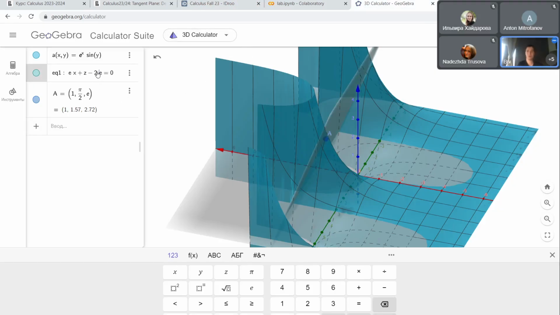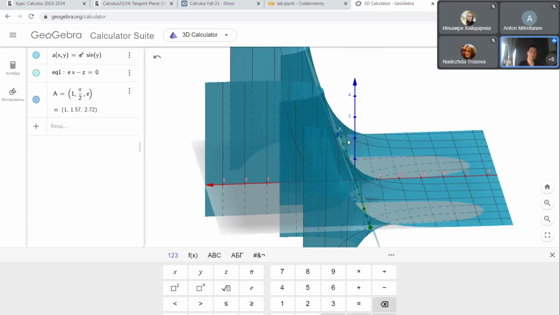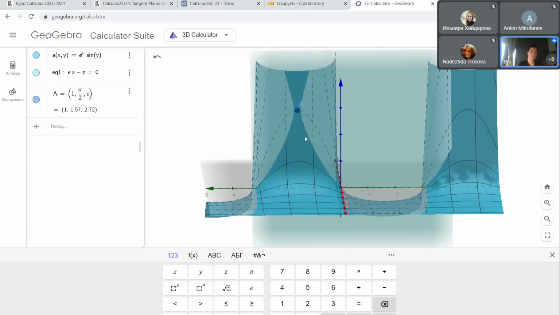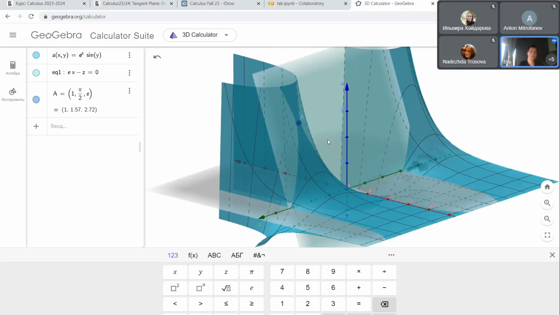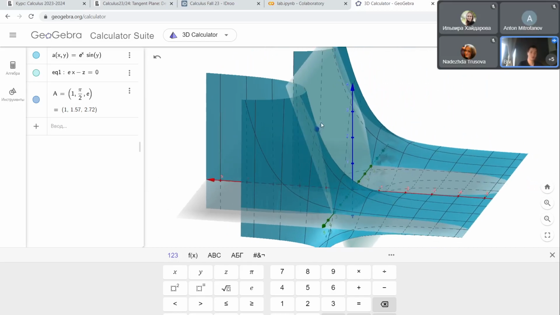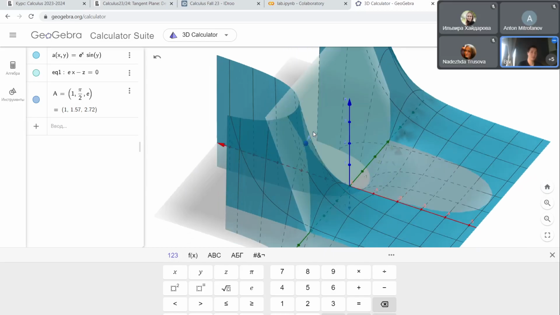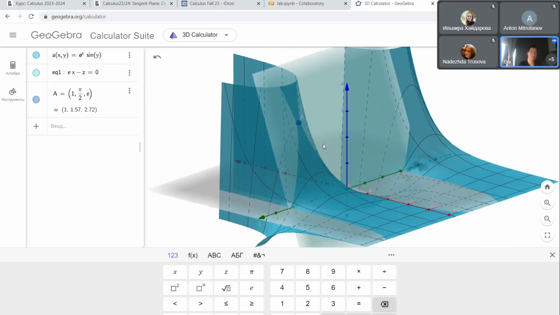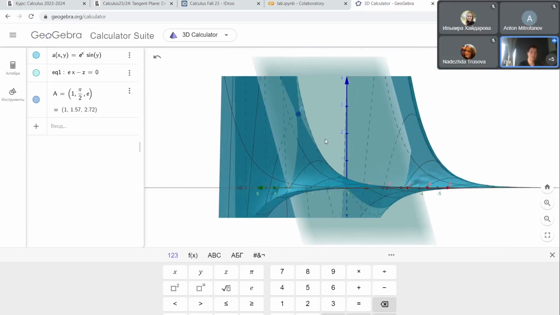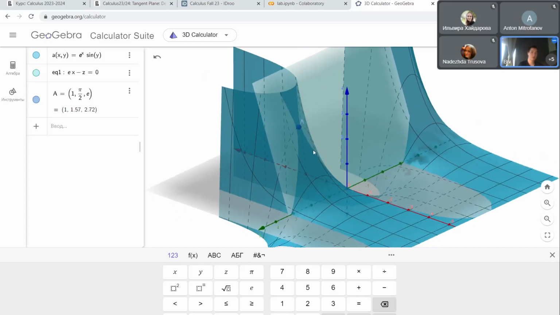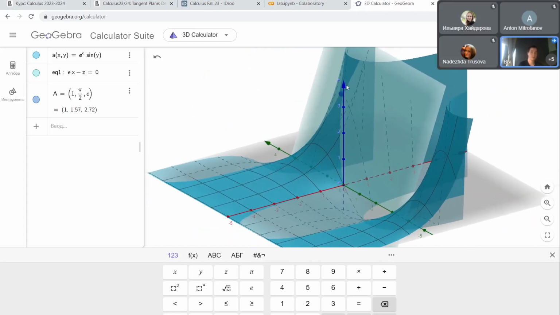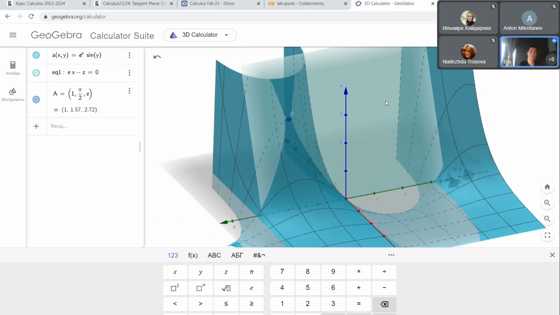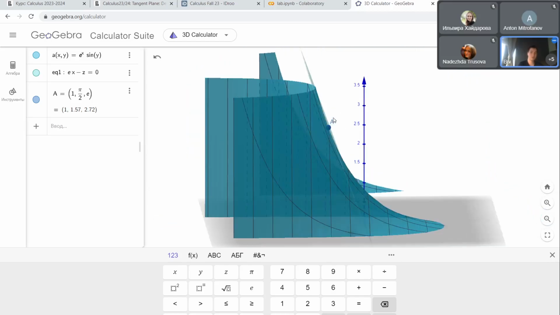Now we need to change the equation a little, and you'll get something much more natural. As you can see, the plane is tangent to my function at this point. Of course, it crosses the curve in plenty of points, but that's not a problem. That's just a pity part of our life. But that's still a tangent plane.